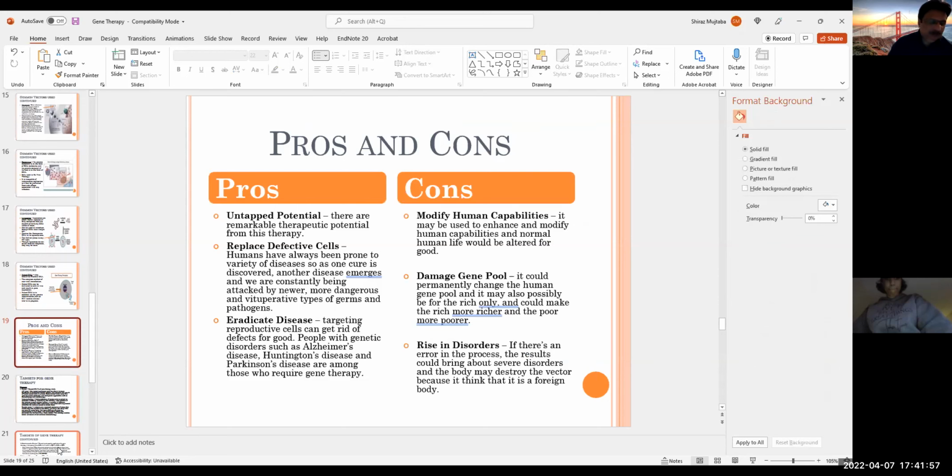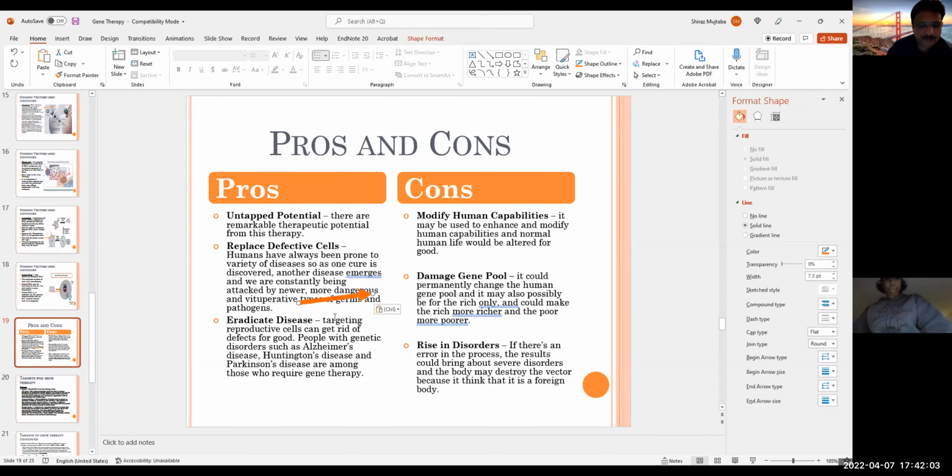When we are dealing with such experiments, of course, there are risks and benefits both associated. A disease can be eradicated, defective cells could be replaced, and this has potential beyond our imagination. It can modify human capabilities.